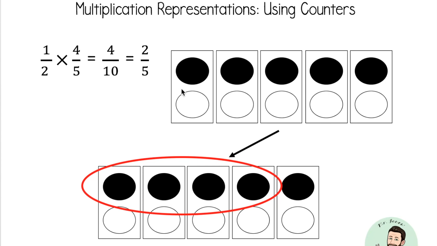And then I've done 5 rows of that, which is shown here. So I have 5 rows of halves, which is taking care of the denominator. And then I'm taking only 4 shaded ones from that denominator of 5. And so that's equal to 4/10, or again, can be reduced to 2/5.